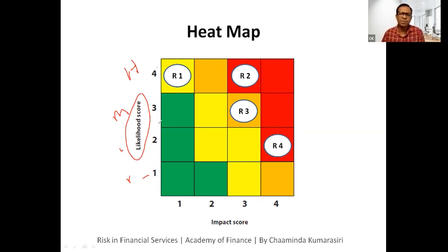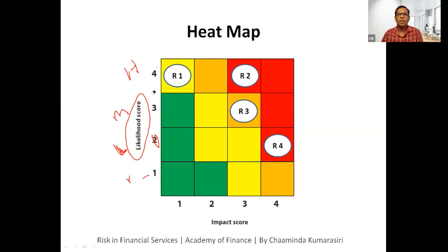Now you make an assessment that depending on the situation, likelihood is low. So from the likelihood side, you are here. We haven't come to this page yet.